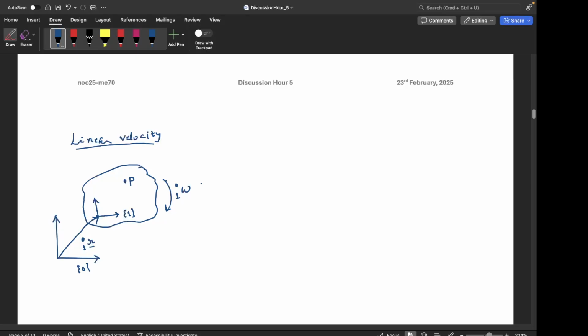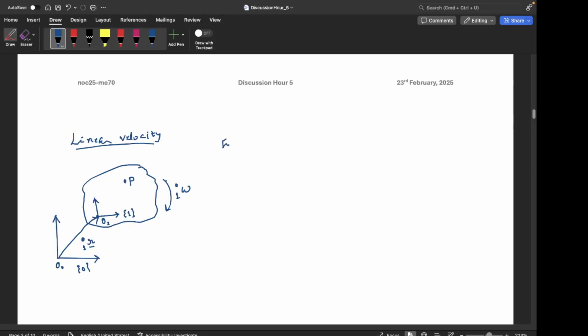So now let's take the first case, when this body is not rotating, it's just translating. By translating, I mean that if this is origin of 1 and this is origin of 0, then origin of 1 is moving as seen from origin of 0, right?